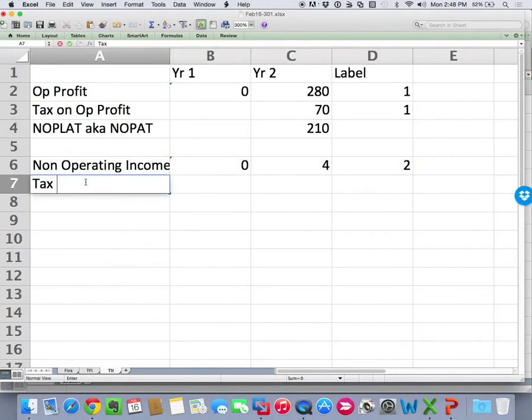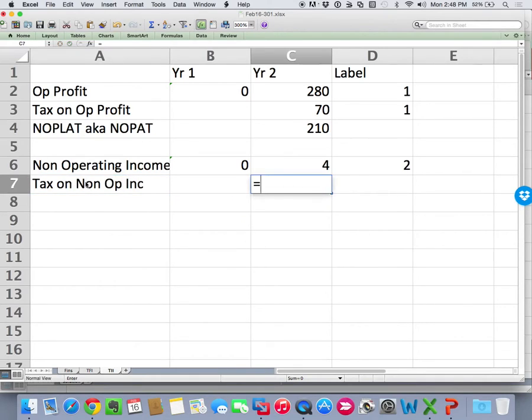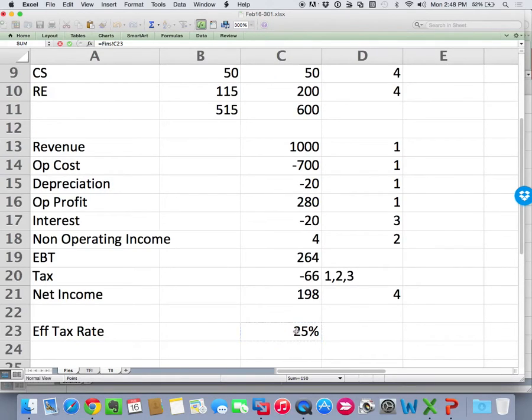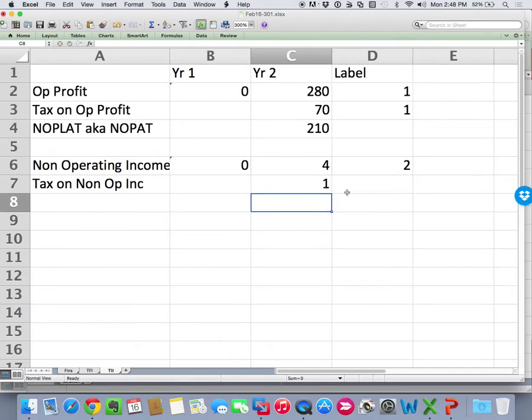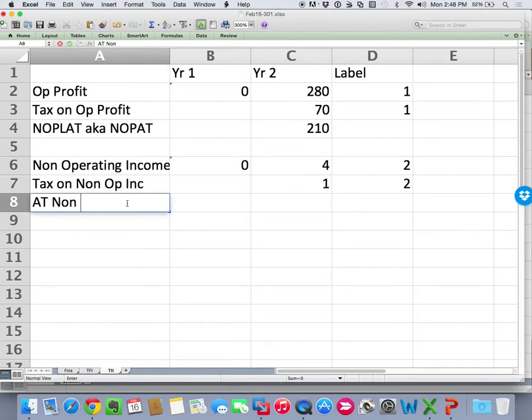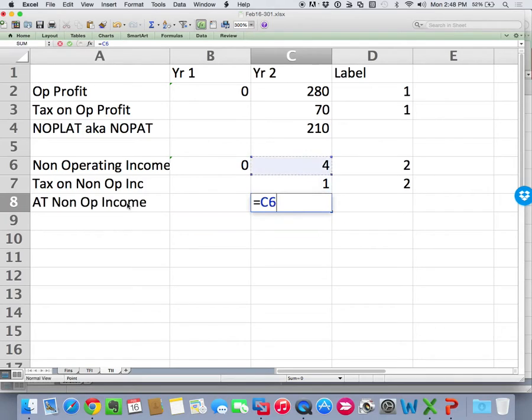Well, if I report $4 million worth of non-operating income, I'm going to have to pay the tax on the non-operating income at 25% times the 4 million, that's 1 million of non-operating taxes I had to pay. So my after-tax non-operating income is 3.